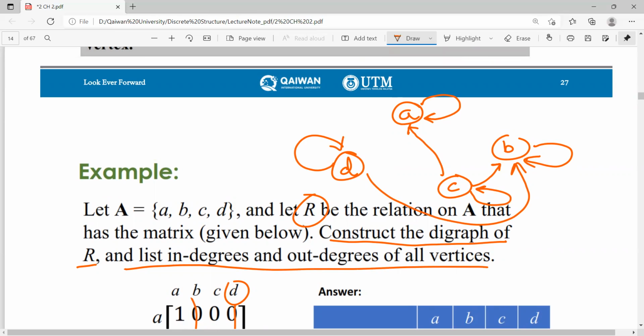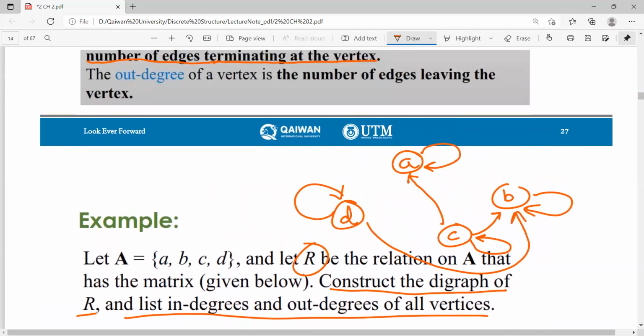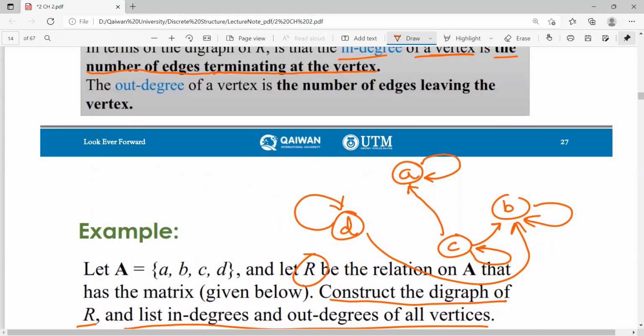That's it. Then let's write down the in degree and out degree. For in degree and out degree, what do we do? We first list the elements of the set.